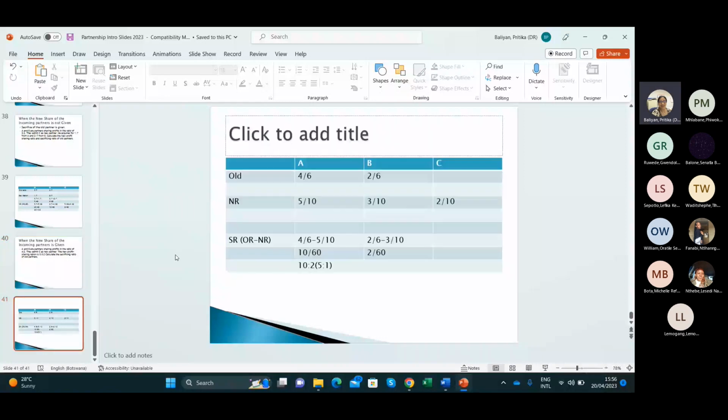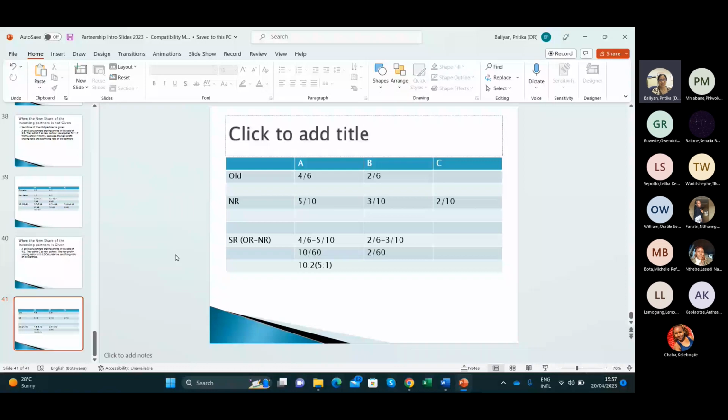Old ratio was 3/6, 2/6, and the new ratio is 5/10, 3/10, 2/10. Then you just subtract the new ratio from the old ratio to find out how much A and B sacrifice for C. So these are the calculations of the new profit and loss sharing ratio.